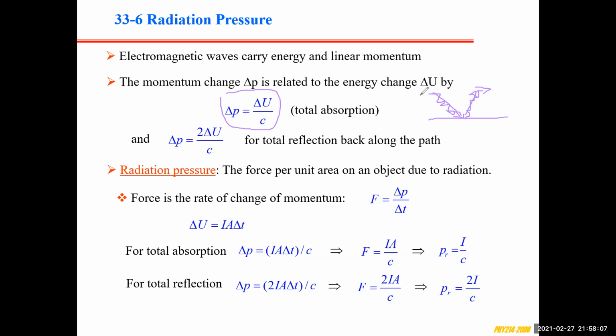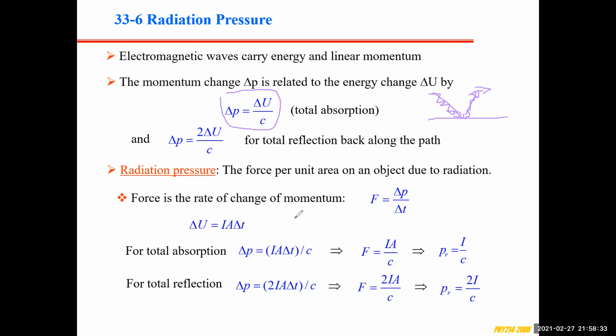Okay, so this tells you that when you have electromagnetic wave momentum, there's a momentum change. In addition to that, there's what we call the radiation pressure. So what is the radiation pressure? Pressure and force are related, and momentum and force are related.